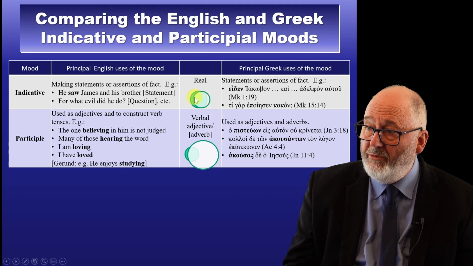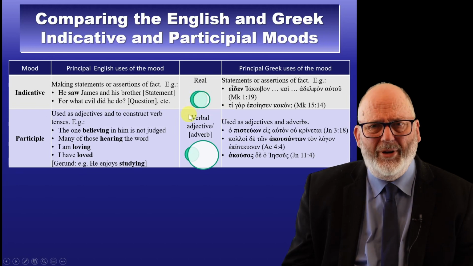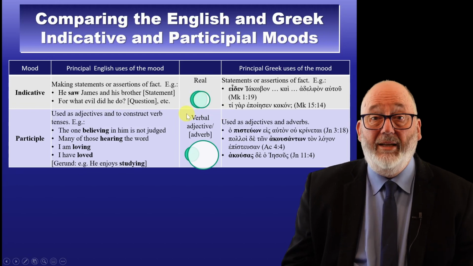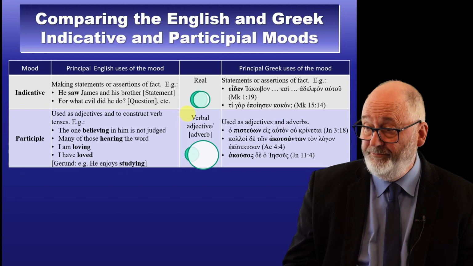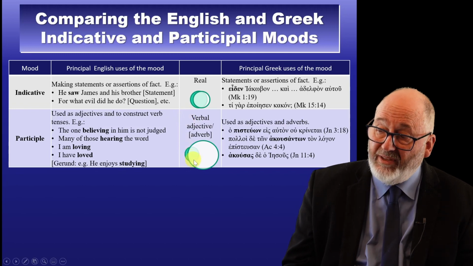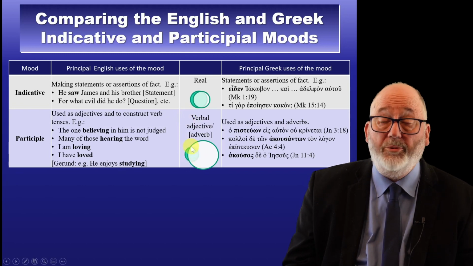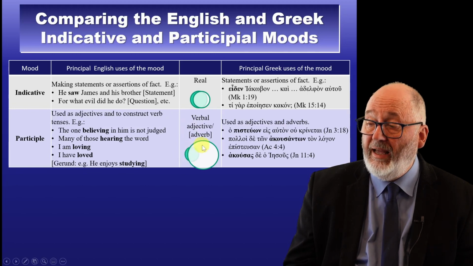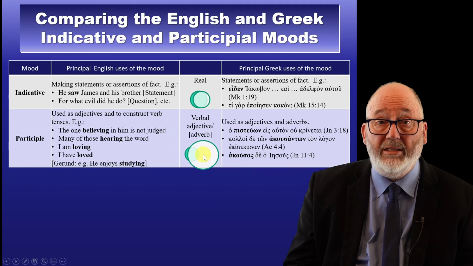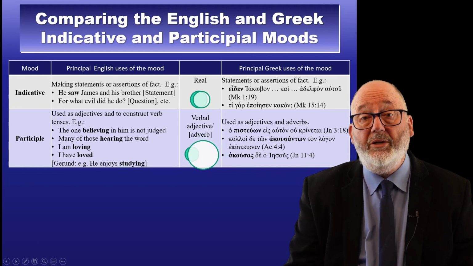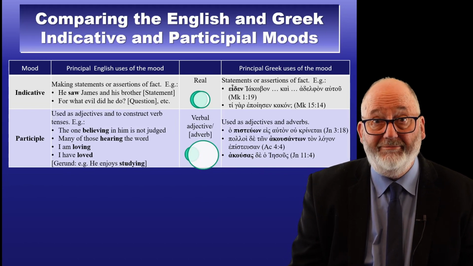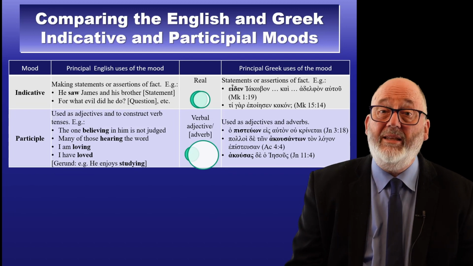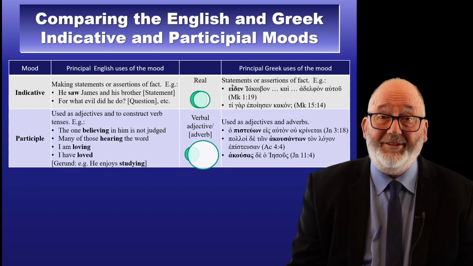We have the Greek uses and the English uses pretty much overlap. Now, when it comes to participles, most of the English uses of a participle can be found in Greek, but Greek has a large number of uses of the participle that have no equivalent in English. And this can make them a challenge to understand.